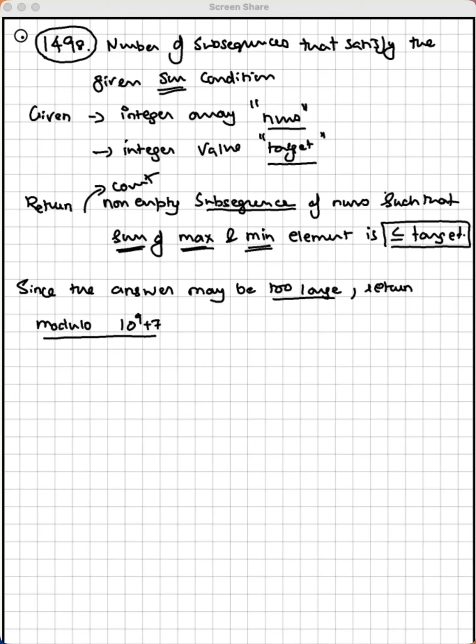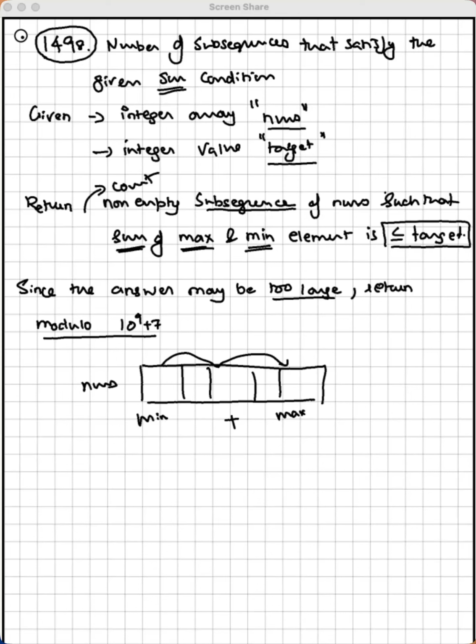So now let's think about this problem. Given an array nums, I find subsequences such that the sum of the min and max of the subsequence is lesser than or equal to target, which means I have to exclude all subsequences where the sum is greater than target, and pick all the subsequences where the sum is lesser than or equal to target.